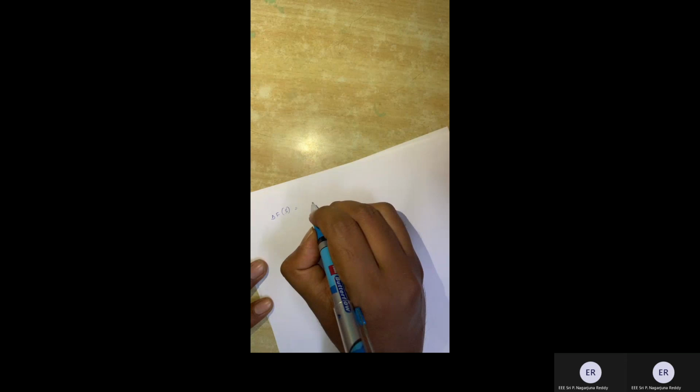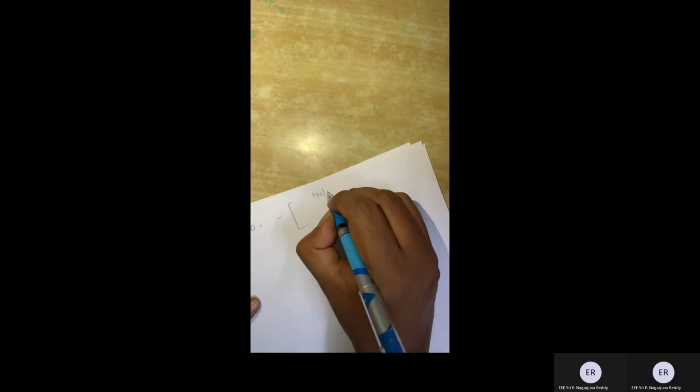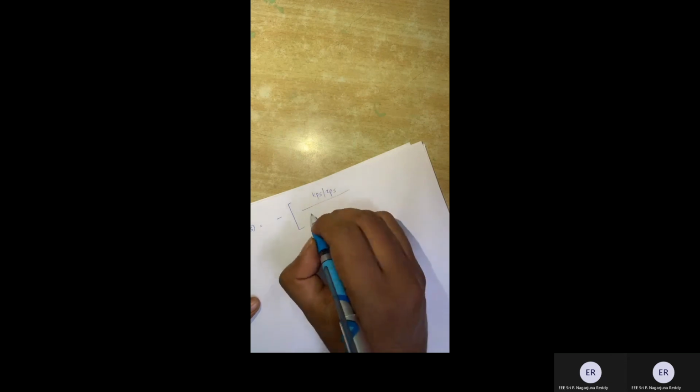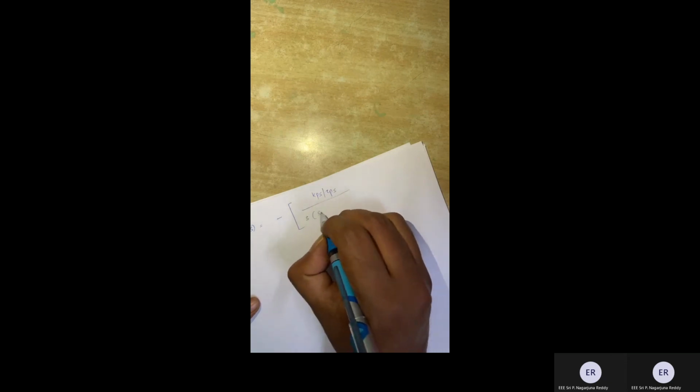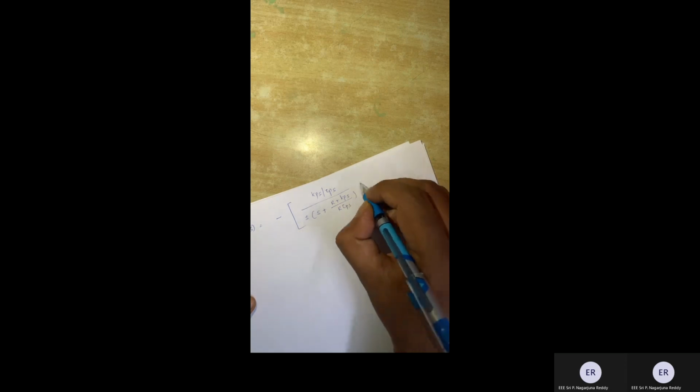This is delta f of s is equal to minus KPS by tau PS by S into S plus R plus KPS by R into tau PS.